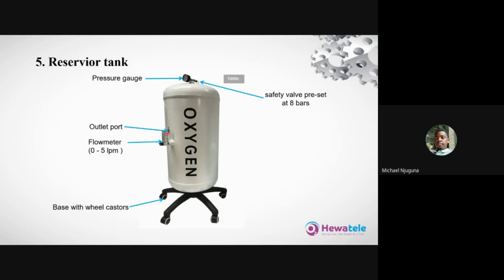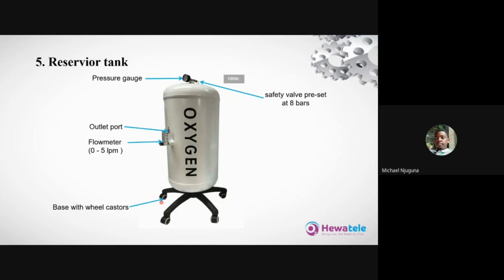At this point here, we can see where one can connect a patient cannula or patient mask to the outlet port, which is connected to a flow meter. The maximum flow rate is 5 liters per minute. And there is the flow meter knob, which you can use to adjust the flow rate that you're administering.